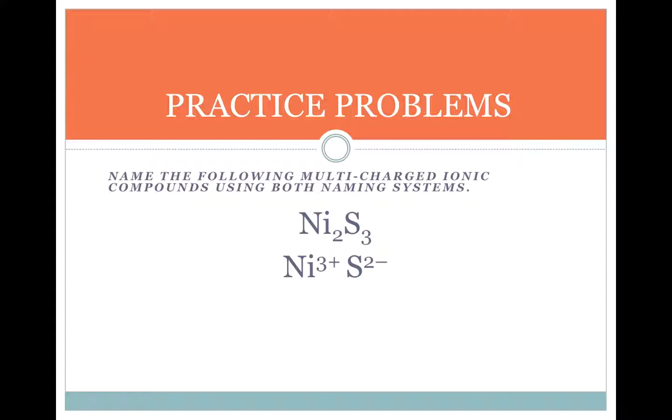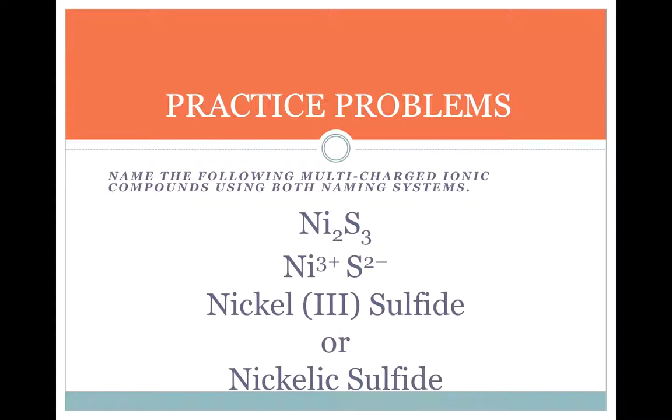Is sulfide supposed to have a -2 charge? Yes, sulfide is supposed to be -2. That means the charge on nickel must be +3. So the two names for Ni2S3 are nickel(III) sulfide or nickelic sulfide.